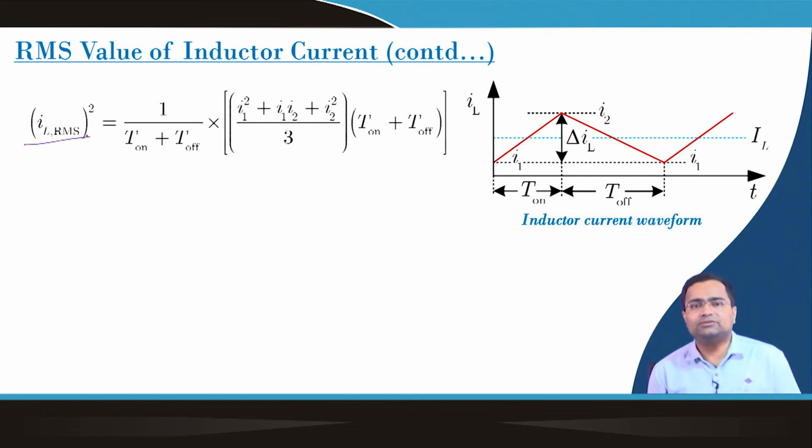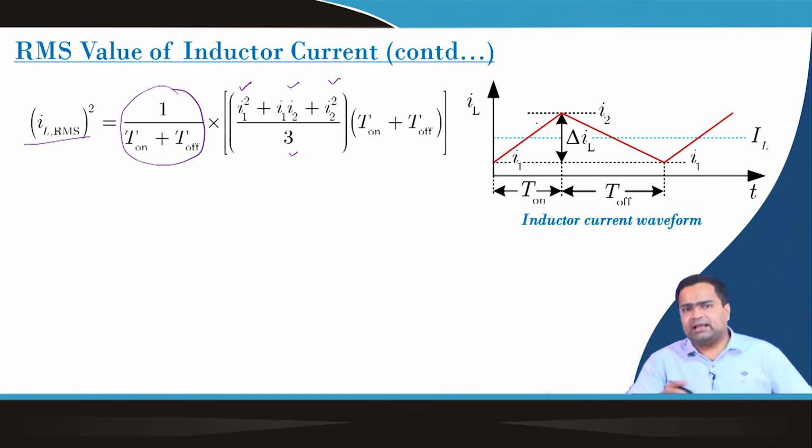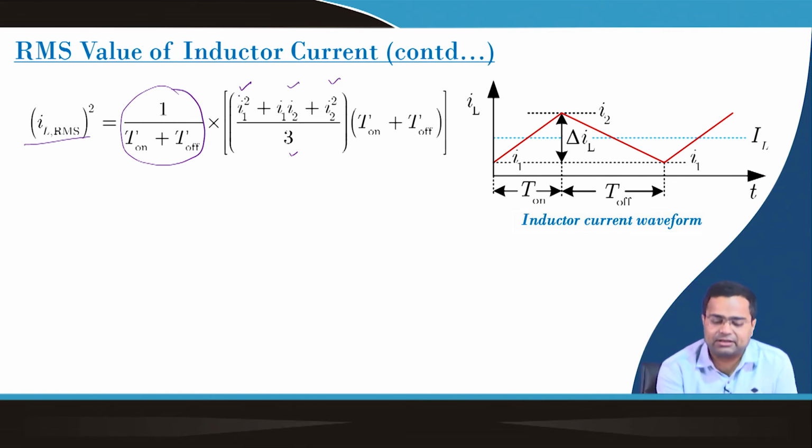The RMS current is what? We know the formula: 1 by total time period, then in this case (I1 square plus I1 I2 plus I2 square) by 3. Since both I1 and I2 are common for both intervals, only in one case it is peak and in the other valley, it does not matter as long as this formula is concerned.